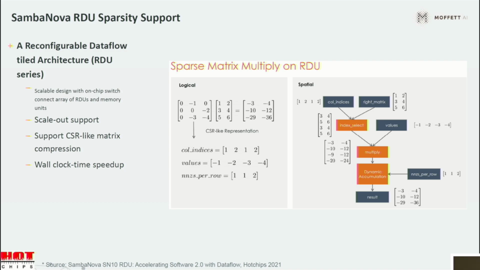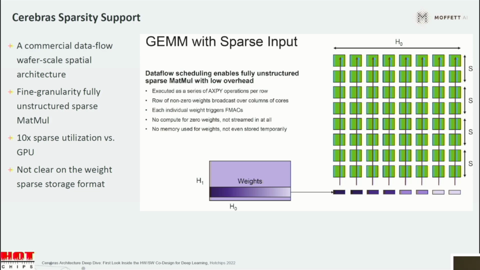Another commercial example is SambaNova. SambaNova supports sparsity with a CSR-like matrix compression. If you are interested, you can go to Hot Chips 2021, where they have some explanations on this, and they can have a wall clock speedup. And Cerebras is another example.